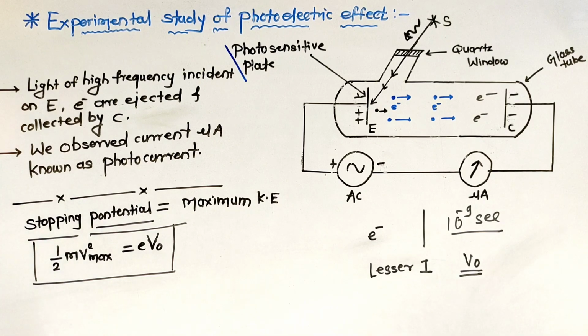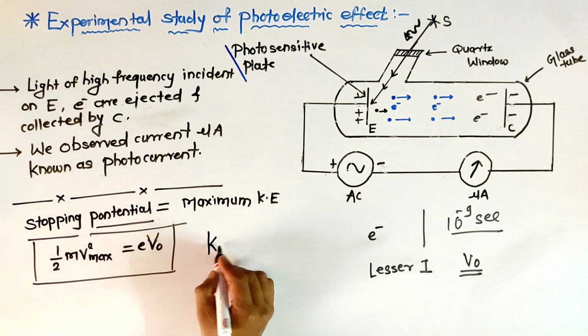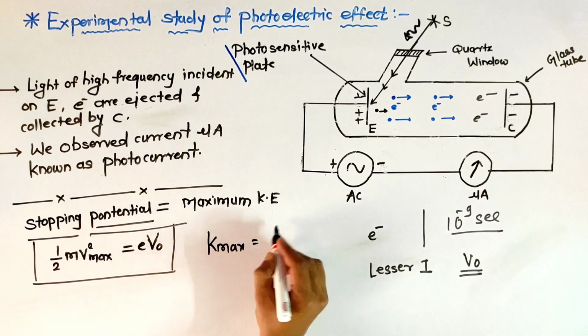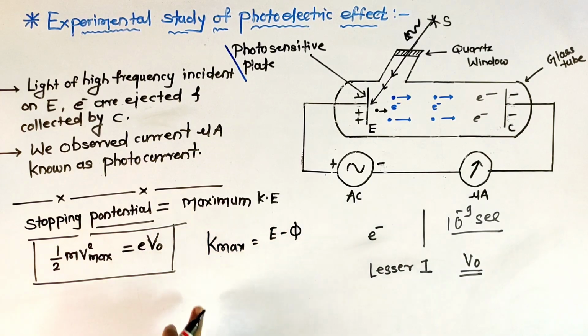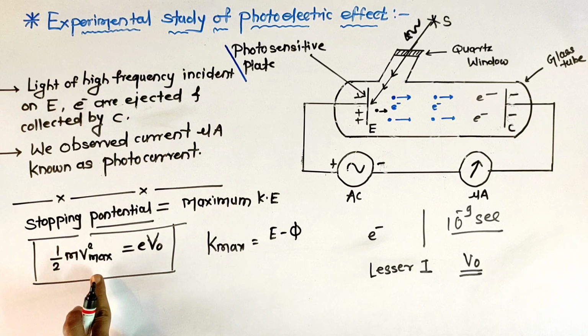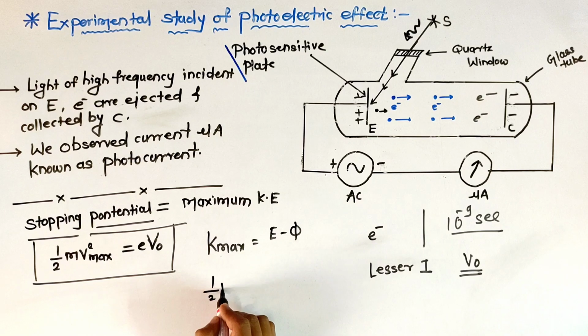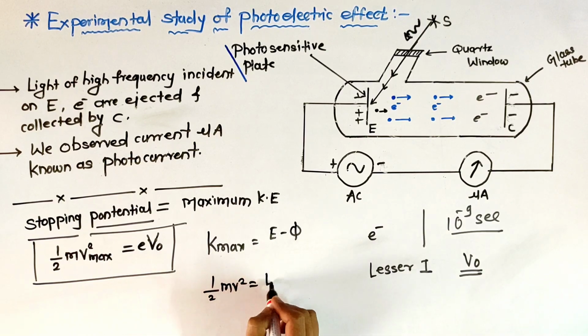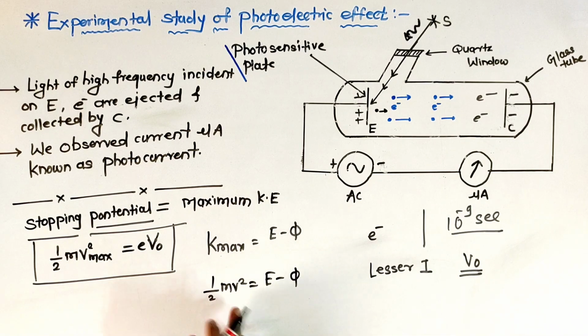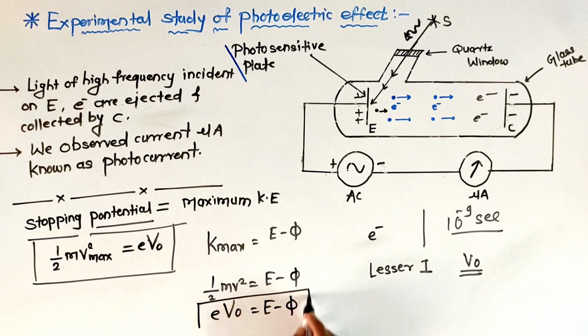Now we have seen in the last lecture that K max is equal to E minus phi, where K max is the kinetic energy, half m v square. So I can write half m v square is equal to E minus phi. Again, half m v square is nothing but e into V naught. So e into V naught is equal to E minus phi. This is the relation in terms of the stopping potential.